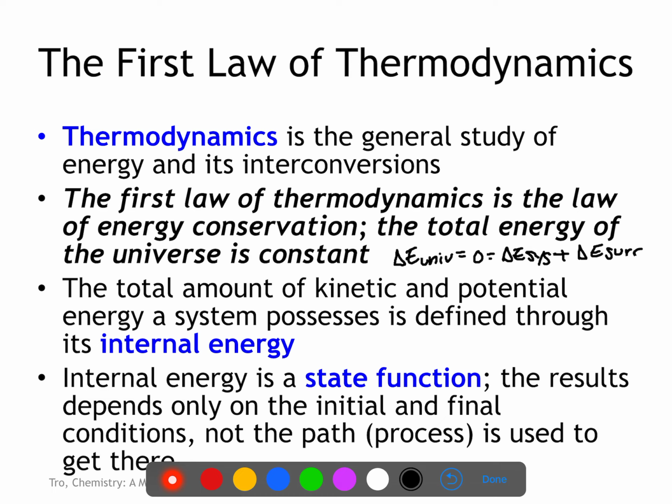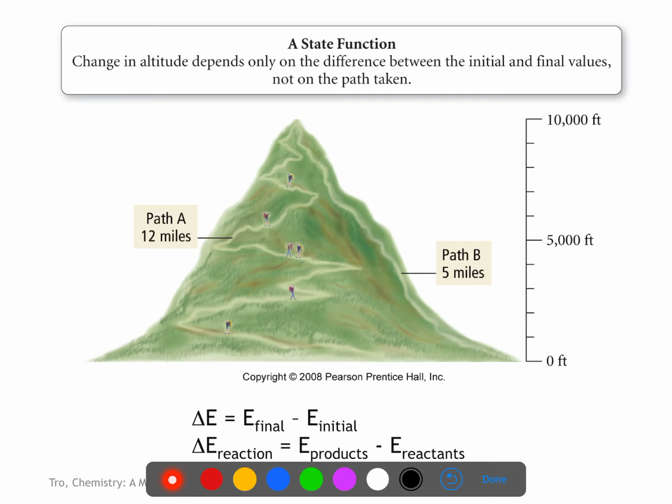Now, going a little bit deeper into that concept, looking at a state function. If you think of climbing a mountain, and there's a couple different paths that you can take, where path A is 12 miles, path B here, going straight up this hill, is 5 miles. A state function is when you're only looking at the final and the initial states, where the top is the final, the bottom is the initial.